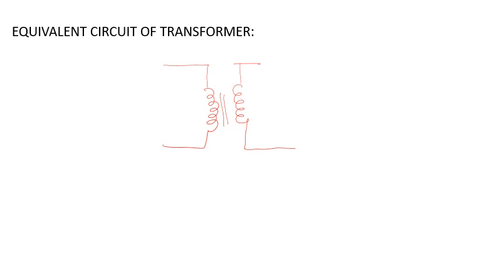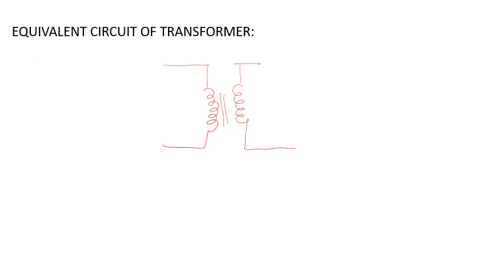We know that to make the equivalent circuit, we must consider the resistance and reactance of both windings, primary winding and secondary winding.